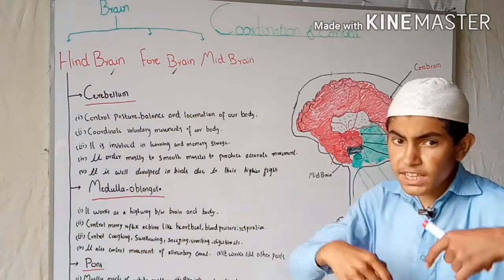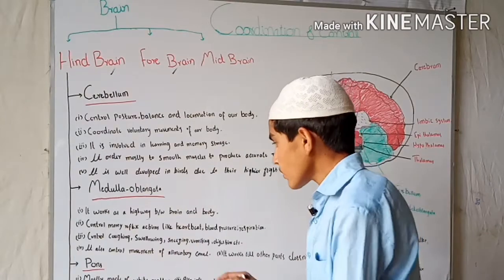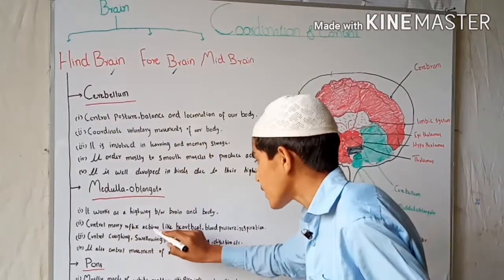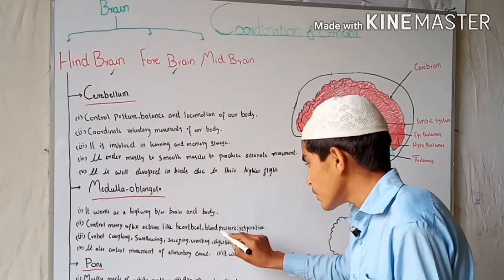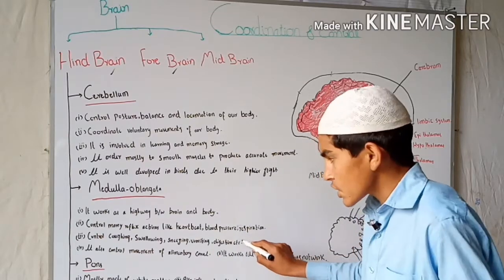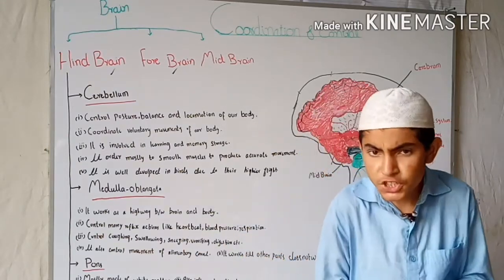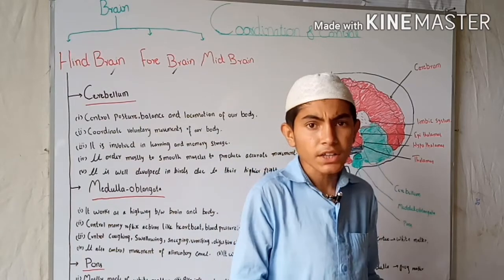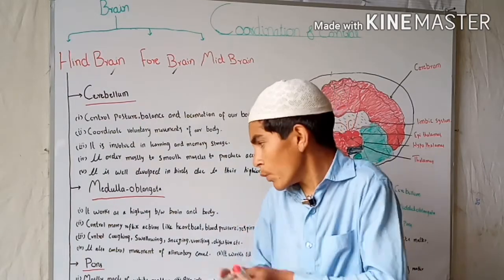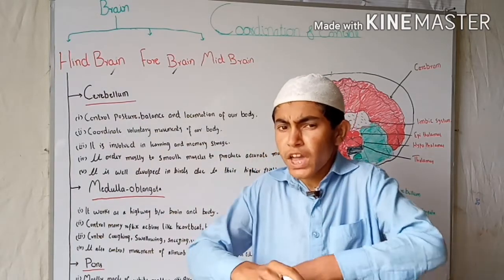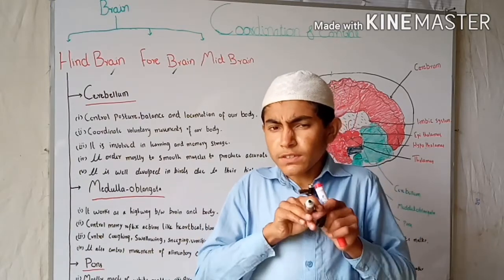So it works as a highway. Next, it controls many reflex actions like heartbeat, blood pressure, and respiration. These are reflex actions which are not under our own order. They are under the control of our medulla oblongata, and they occur very suddenly.